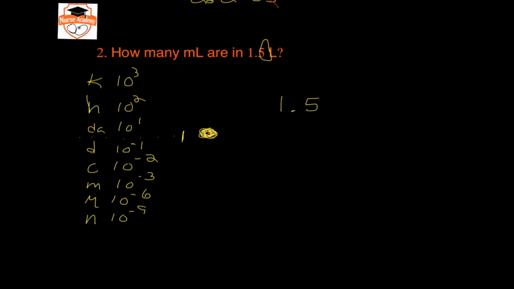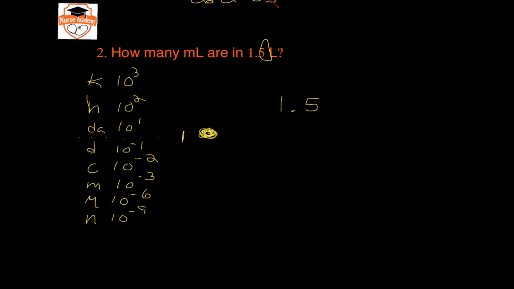Now I'm going from liters to milliliters. That's a factor of 1, 2, 3. And a milliliter is smaller than a liter because it's below on this little scale. So that means that I'm going to go to the right, because since a milliliter is smaller than a liter, that means that my ending number is going to be bigger because there's more milliliters than there are liters, because a liter is a bigger thing and a milliliter is a smaller thing.